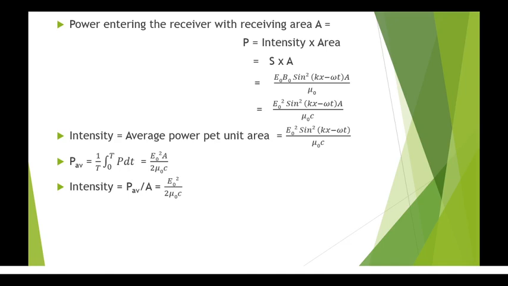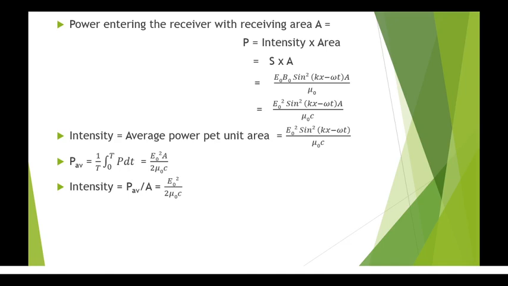Now we are going to find out the power, and the average power per unit area will give you intensity. So for the power entering, you can consider a receiver in the path of the electromagnetic wave with the receiving area A perpendicular to the x-axis.